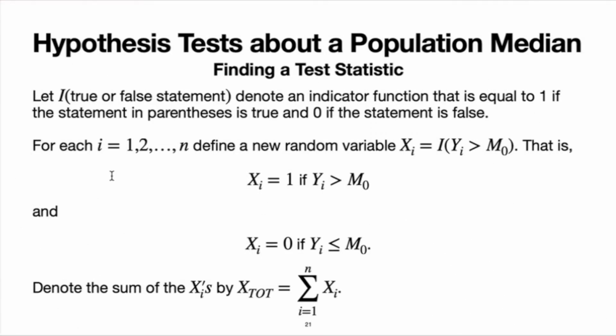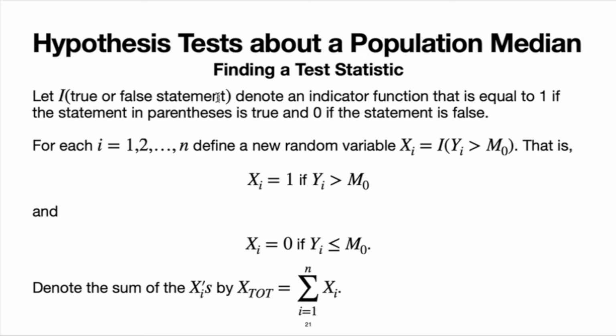Now, we're going to define a new random variable using a function, which I will denote by cap I. This function cap I is called the indicator function. The argument at which we evaluate this indicator function is a statement that is either true or false.